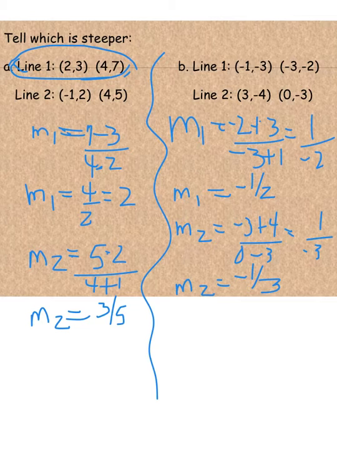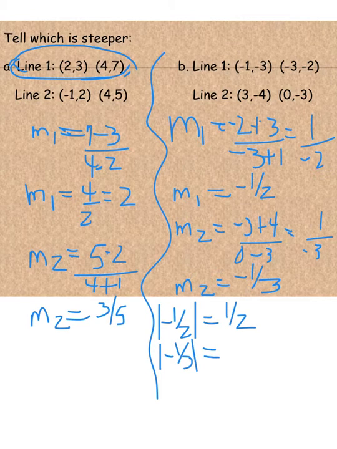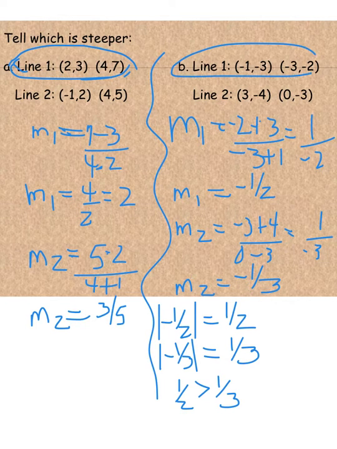I want to take the absolute value of -1/2, which is +1/2. I want to take the absolute value of -1/3, which is +1/3. And 1/2 is larger than 1/3. Therefore, line 1 again would be steeper.